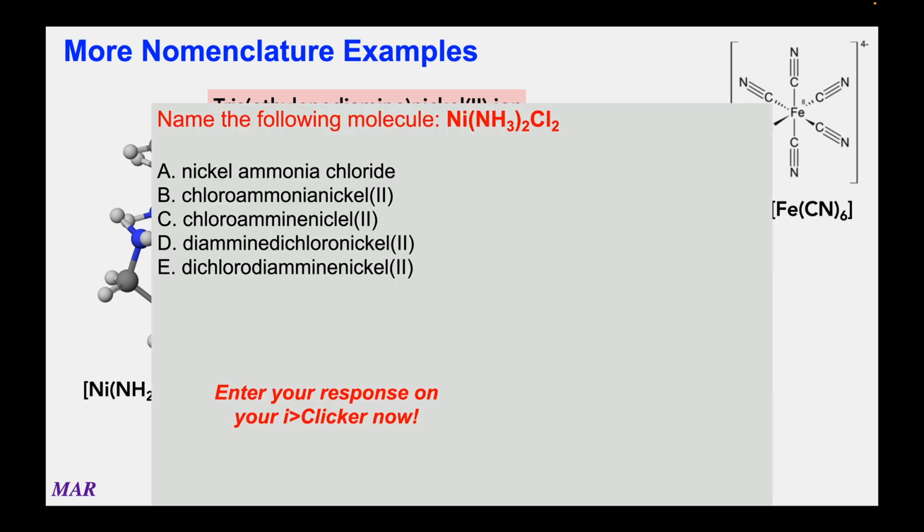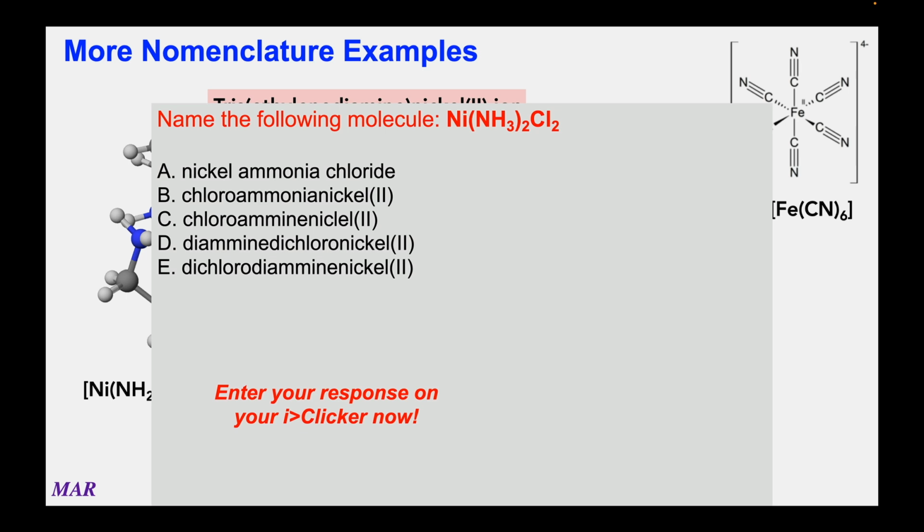So let's name this molecule. This is a nickel. It has 2 ammonias and 2 chlorines. Ammine, A, comes before chloro, C. None of these have di, tri, tetra inside them, so we can use regular Greek prefixes. I would call this diammine for the 2 ammonias, dichloro for the 2 Cls.